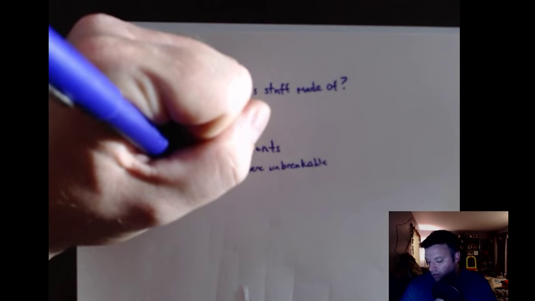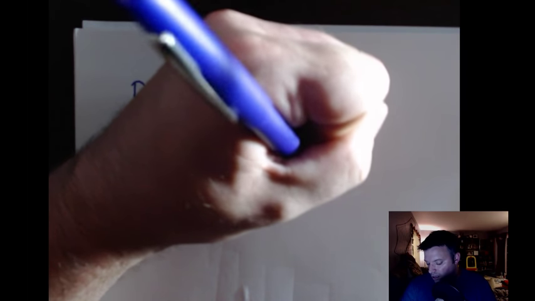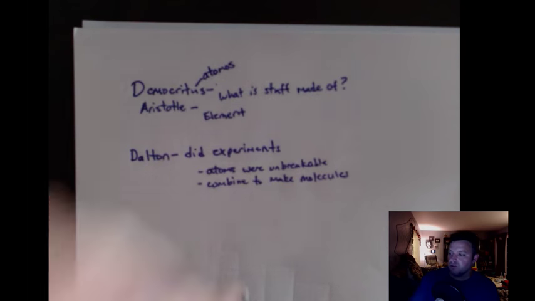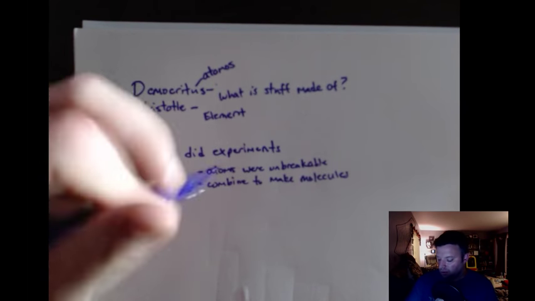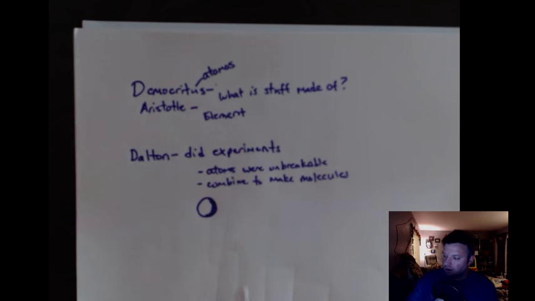And he thought they could combine to make molecules. Okay, and so if he was to visualize an atom, he probably would draw something like this: a little circle, a little three-dimensional sphere, a little marble. Okay, a little unbreakable three-dimensional sphere.